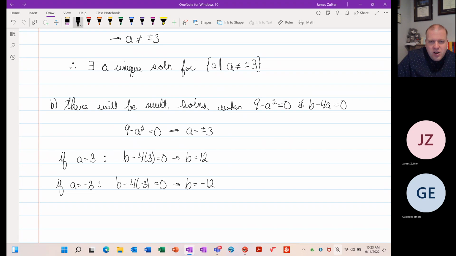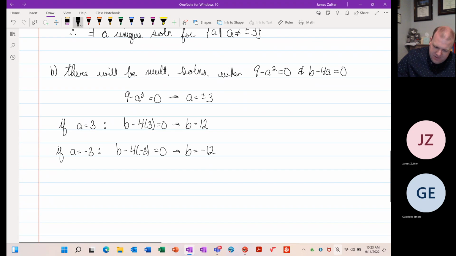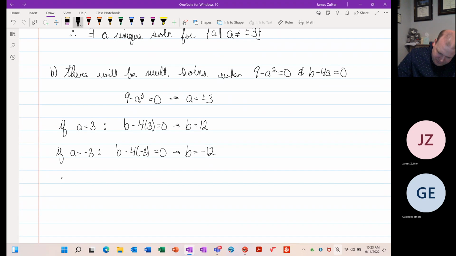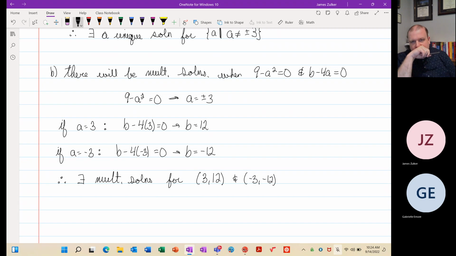And that means b is negative 12, right? So therefore, there are multiple solutions for a = 3, b = 12, and a = negative 3, b = negative 12.